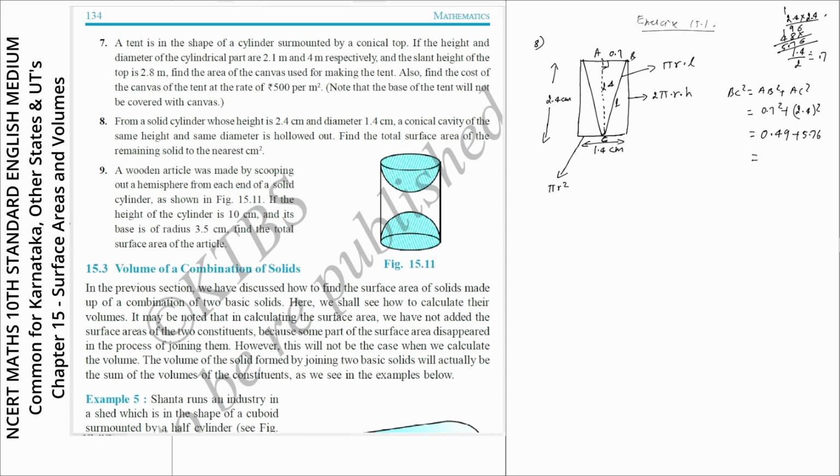So when we add these two, 9 6 15 carry 1, 4 plus 1 5, 5 10 12, carry 1, then 6.25. So BC square is 6.25. Therefore BC is equal to plus or minus square root of 6.25. Now what is the square root of 6.25?